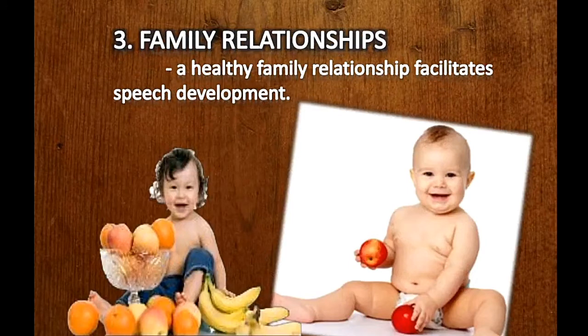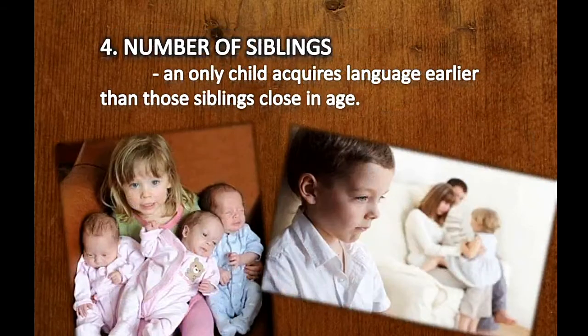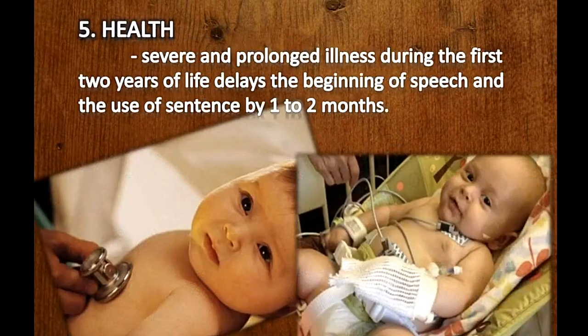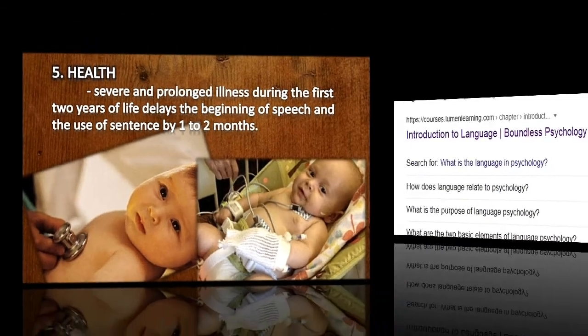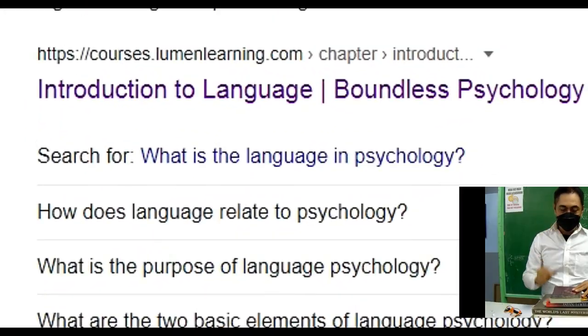A healthy family relationship facilitates speech development. Number of siblings. An only child acquires language earlier than those with siblings close in age. Health. Severe and prolonged illness during the first 2 years of life delays the beginning of speech and the use of sentences by 1 to 2 months.